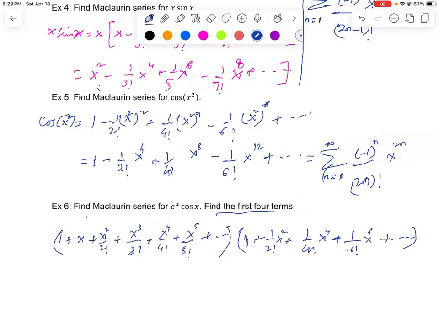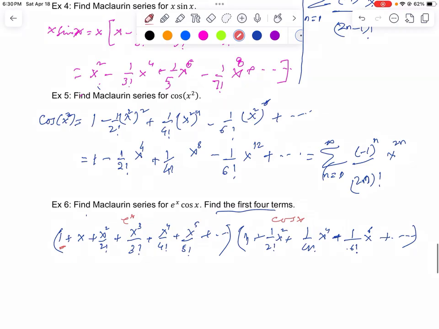So we multiply using our techniques that we have learned in algebra. It's a horizontal multiplication. So first I am going to take one term from this first polynomial. This is e to the x, remember, and this is cosine of x. We are multiplying them. So I take one term of e to the x and multiply it with at least 4 terms of the cosine x.